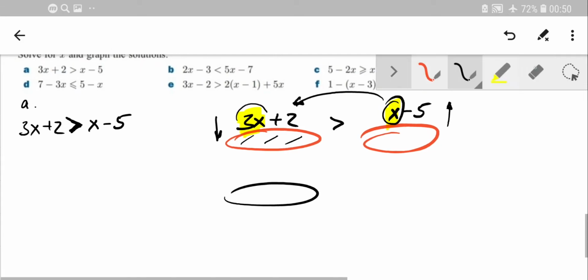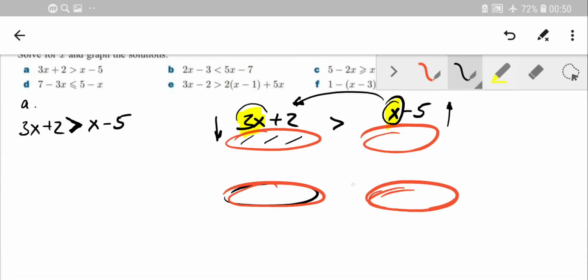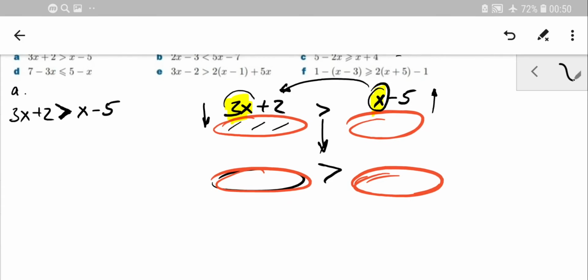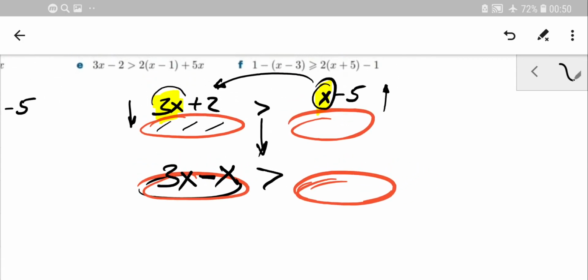On the left hand side plate you'll have the following. Again, keep the inequality sign as it was originally. Now 3x becomes combined with x. Because you transfer x to the left side of the inequality, you do the same as you did with equations, and you combine the x's.